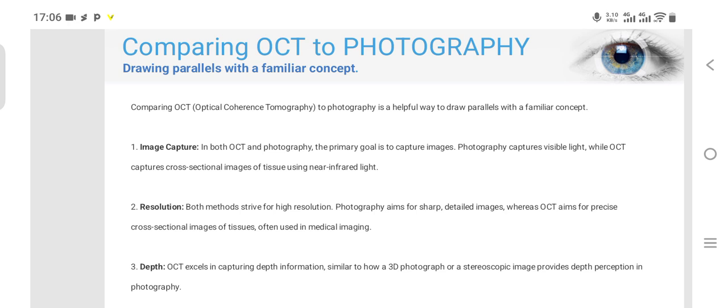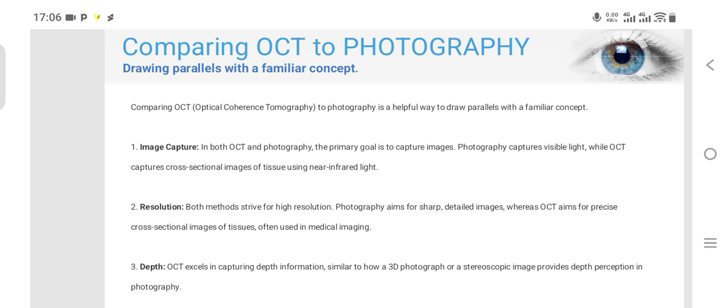Then let's compare OCT to photography. We are trying to draw parallels with a familiar concept. Comparing optical coherence tomography to photography helps you draw parallels with a familiar concept.